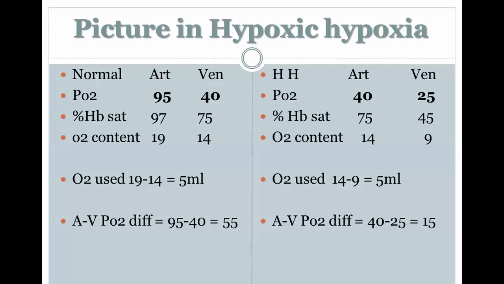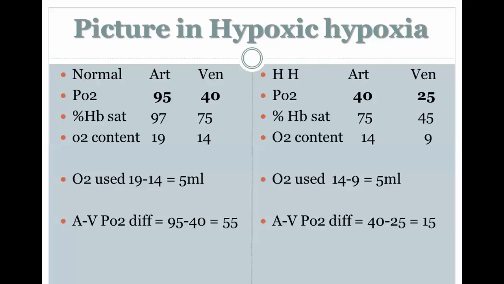So it will be how much? 40. احسب على الكالكوليتر. 75 ناقص 45 بكام؟ 30 على 75% كام؟ 40 لا هي تلت. So the extraction will be higher to maintain the same uptake. Okay? It's clear? تمام؟ It's higher because the delivery is decreased.